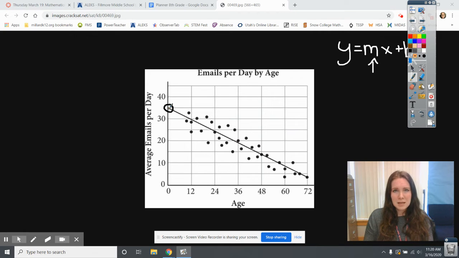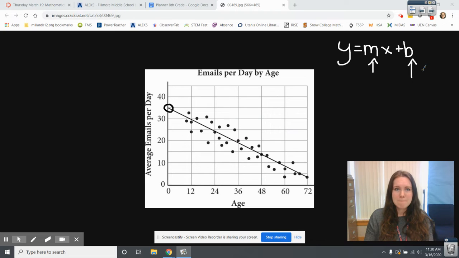You're welcome to make an estimate, right? We could estimate and say, oh, maybe it was actually 34 or 37. You might have a slightly different answer than a different peer, and that's okay. But with this one, it's nice. You can tell it crosses at 35. And it was a positive 35, so it's plus 35.